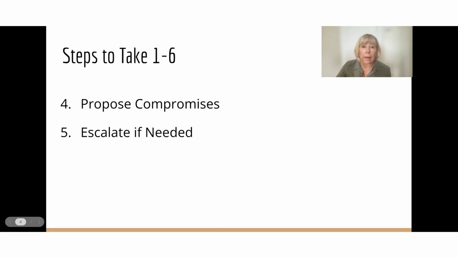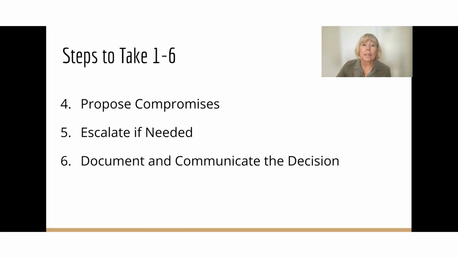However, if you cannot reach an agreement between the teams, you will have to escalate to a sponsor or a steering committee for them to make a decision, which is the fifth step. The final step is to document and communicate the decision with the rationale behind the decision and the updated plan. Those are the 6 steps you can take to manage a conflict between stakeholders.